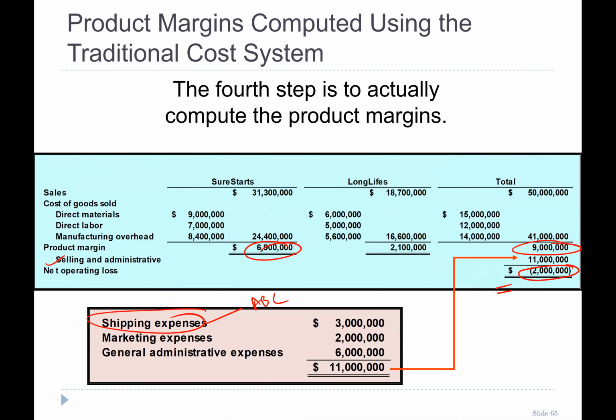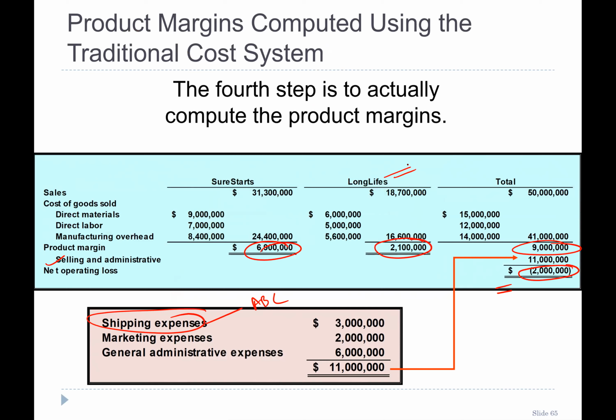If we use the traditional costing, we don't see any loss in long life product of Baxter battery system. While when we use the ABC system, we found out that the short start is giving us profit, while the long life is giving us a loss.